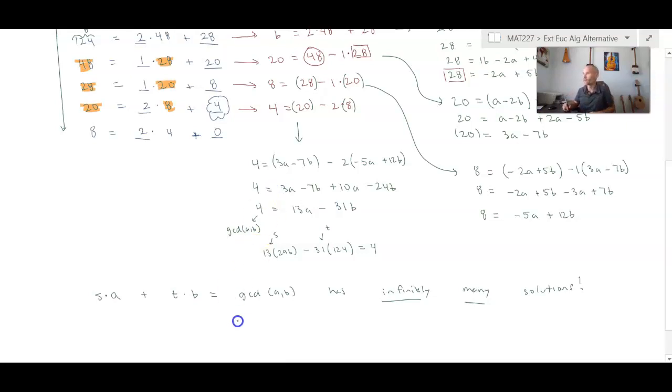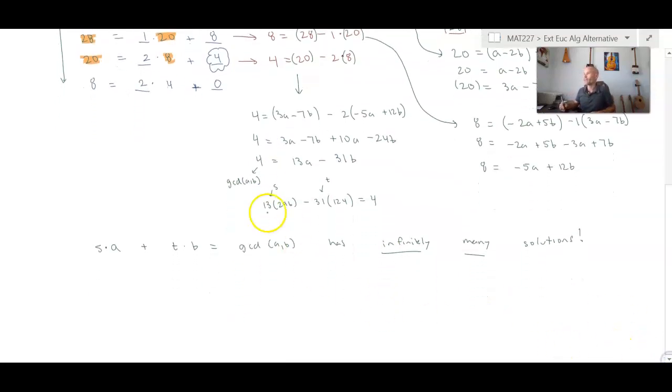Here's how. So let me just point out in our equation 13 times 296 minus 31 times 124. One thing that I could do here, and this equals 4, I'm going to leave myself a little bit of space. And what we're going to do is we're going to perform a little add zero trick.